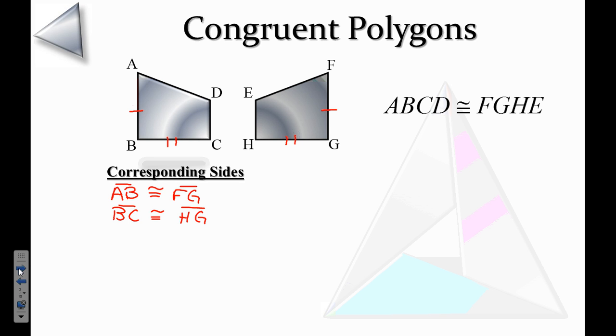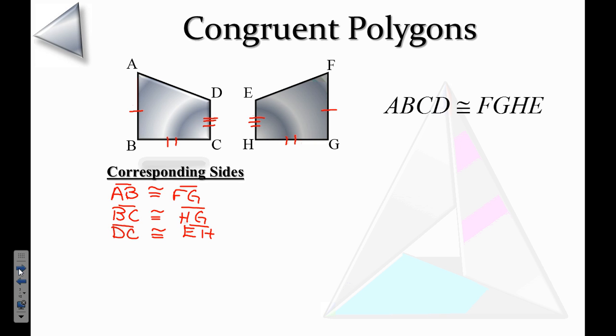If Brandon had said GH, would that be okay? Are HG and GH the same segment? So it's okay if we interchange the order. Okay. How about DC? What is it congruent to? EH. Very good.